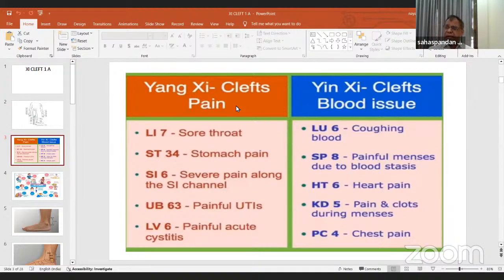And on the second day, if the patient drinks a lot of water, the stone will fall down. Okay. Then pericardium 4, P6. It is for the chest pain. If there is an acute unbearable chest pain, pericardium 6 works for the chest pain.